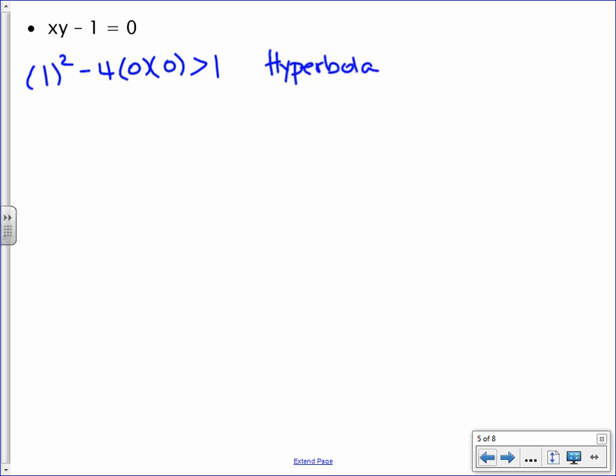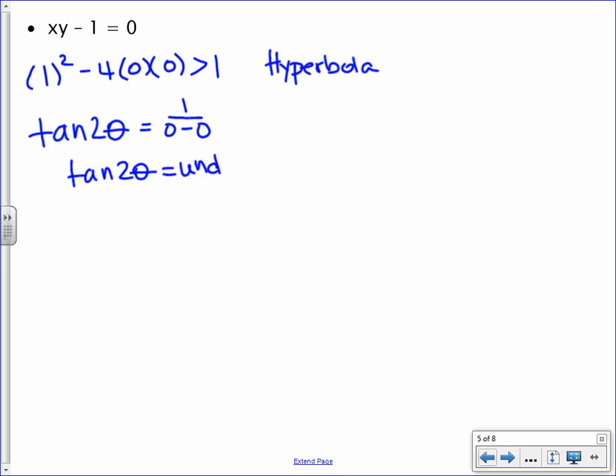Let's talk about our angle. The tangent of 2 theta is going to be, we decided, B over A minus C. Dividing by 0, is that okay?